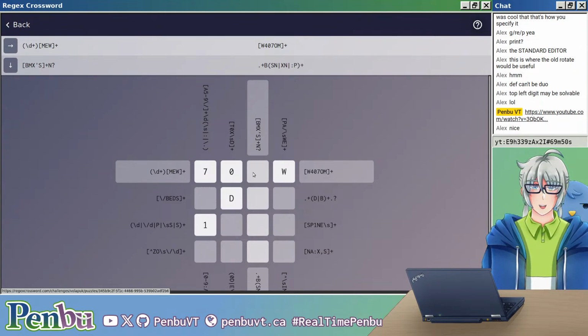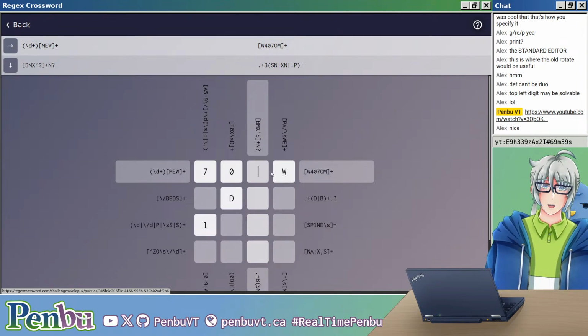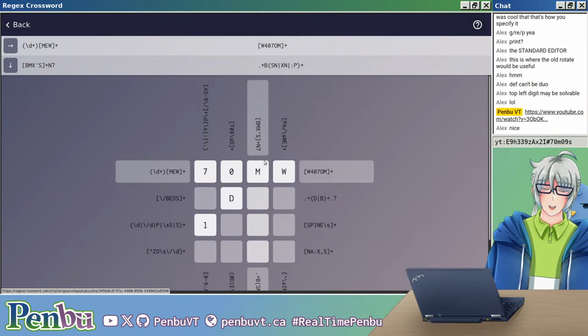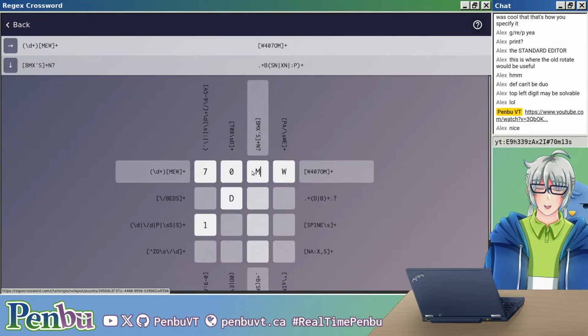And so this is either a... Not a 7? I don't think that can be a 7, because we don't have a 7 here. So it has to be either M, E, or W. It can't be an E because we don't have an E in the set, so this is M or W. And there's no W in this set, so that has to be an M. Okay, that's the first row supposedly done.